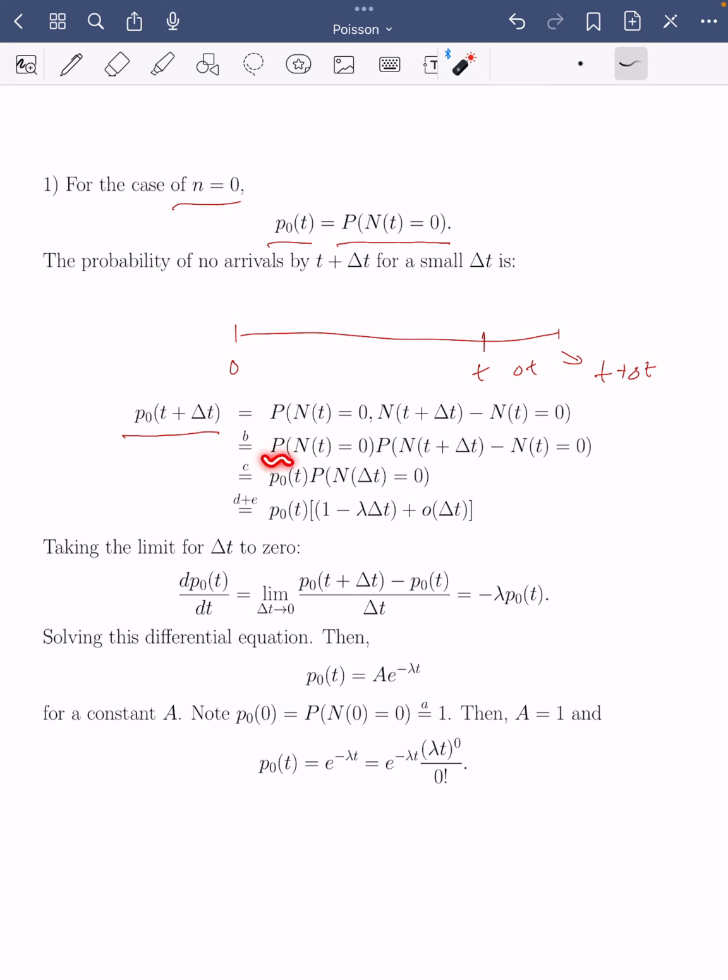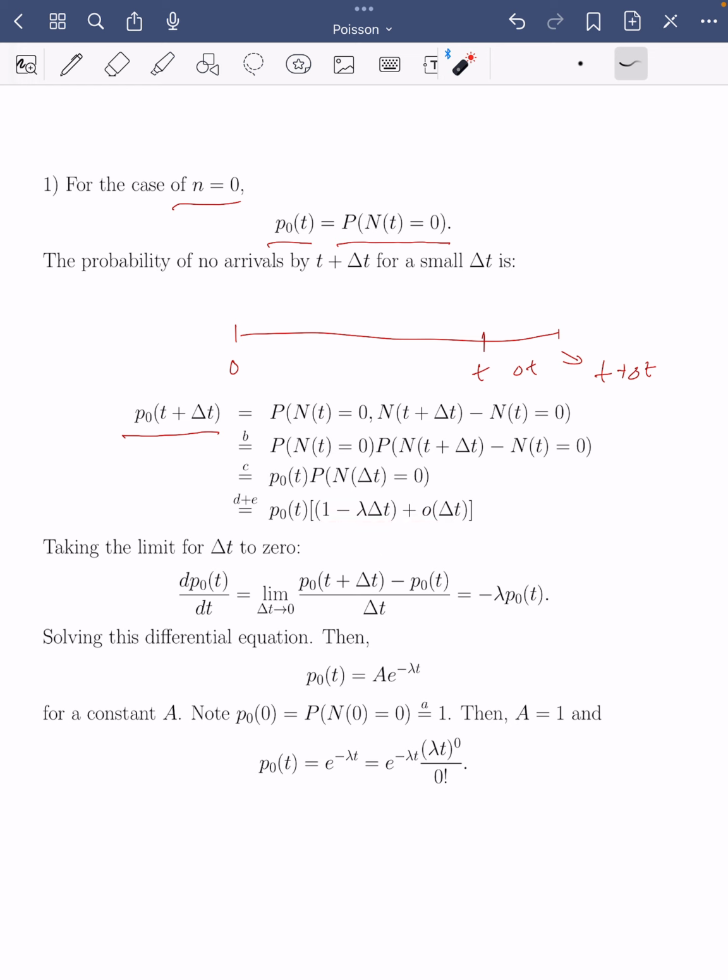Okay, so the first part is just P_0(t). And for the second part, we now use the stationary increments, so that's equal to the chance that N(delta t) equals 0. All right, and now we can add in property d, and then we find out that this chance is just equal to 1 minus lambda delta t, plus little o of delta t.